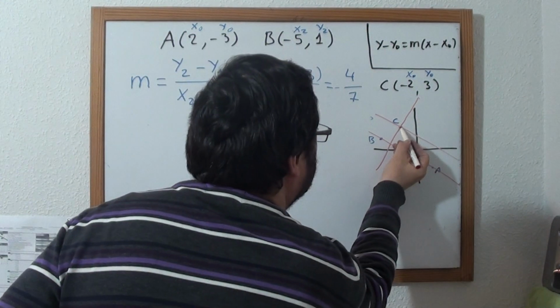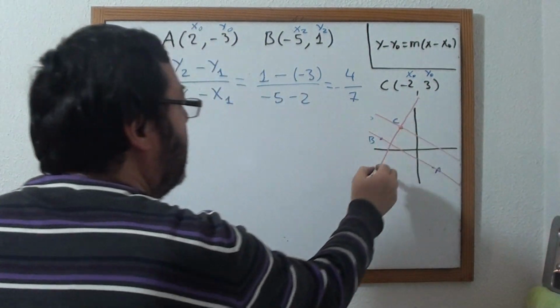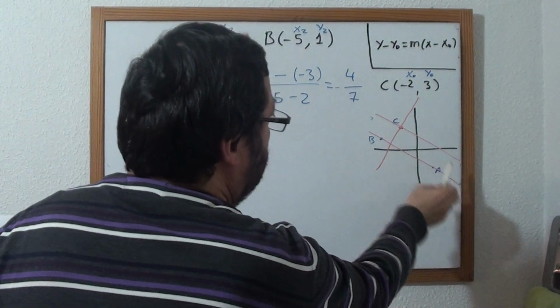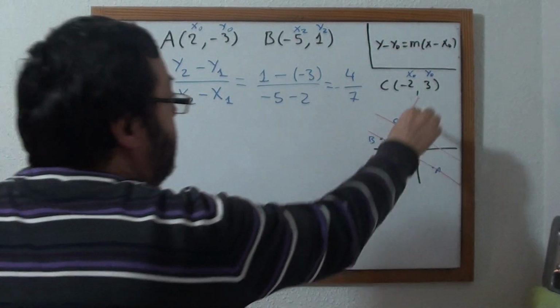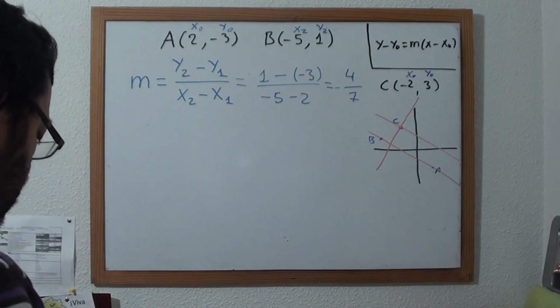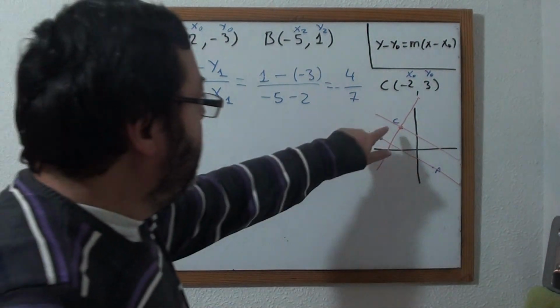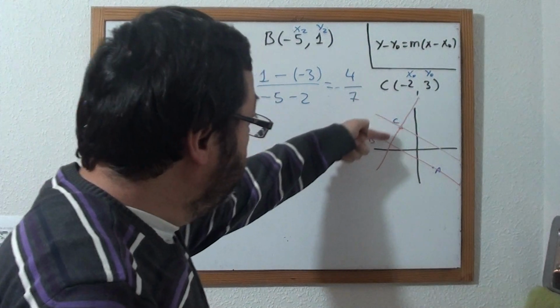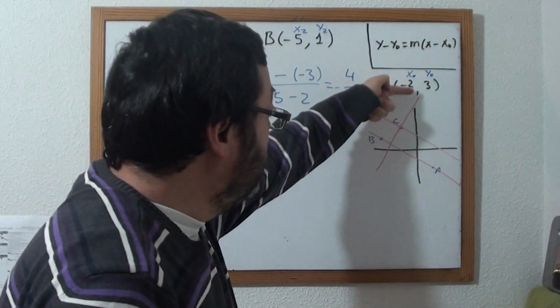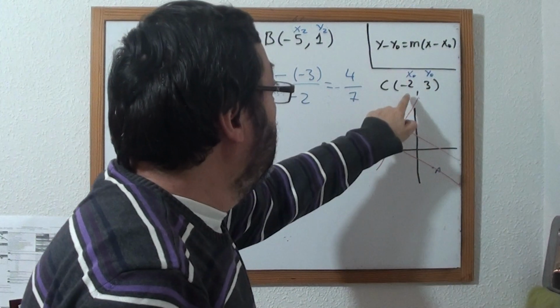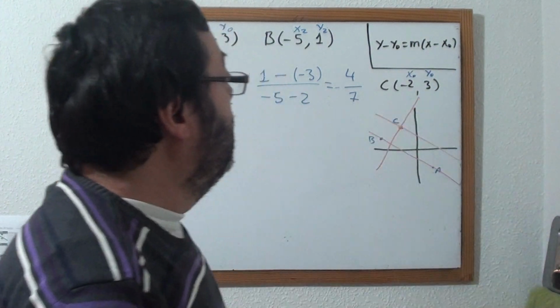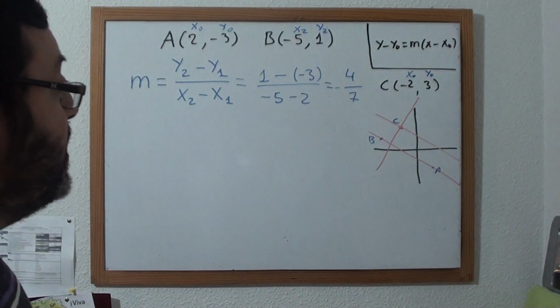It goes through point C and is perpendicular to the first one and of course to the second because both are parallel, so it's perpendicular to both of them. So in this case, the coordinates for point C, the point through which the line is going to go, are the same. So the coordinates x0 and y0 would be the same as before, the coordinates for point C.